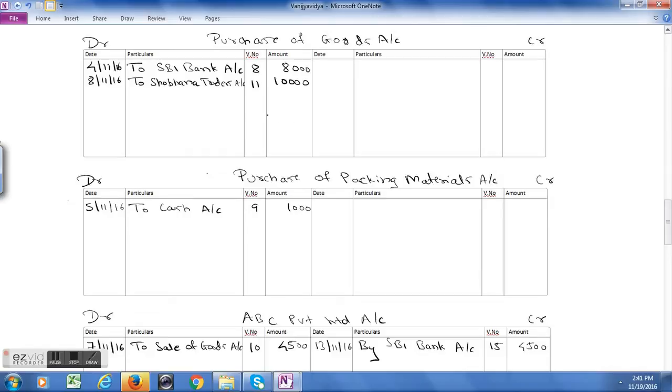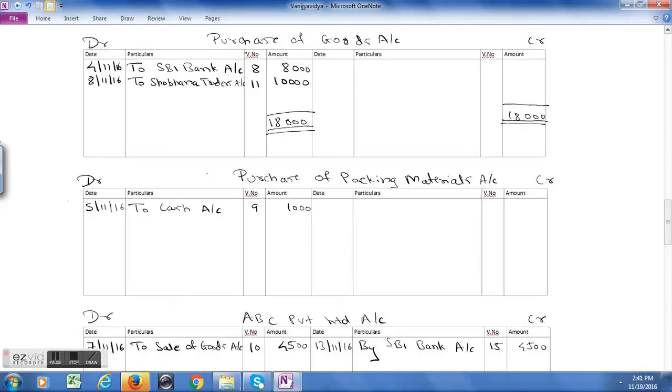Okay, next account, purchase of goods account. Okay, here also on debit side there are entries, on credit side no entries, so debit balance is how much? Debit total 18,000, credit total is 0, so we'll write debit total 18,000.